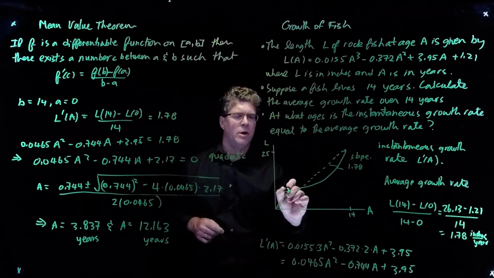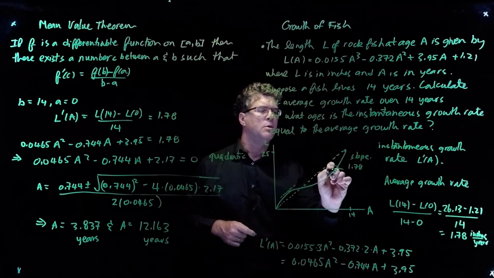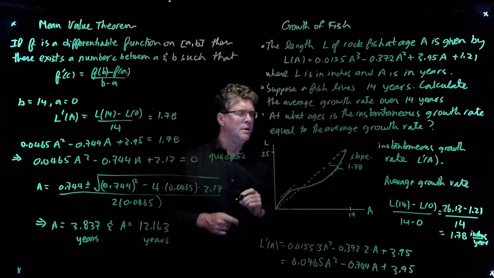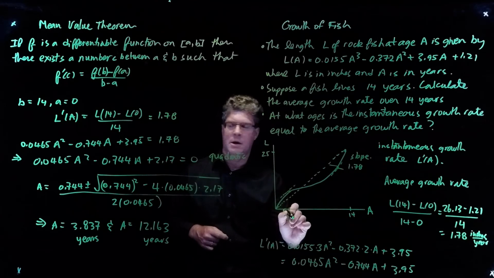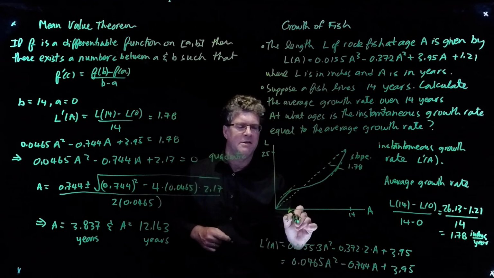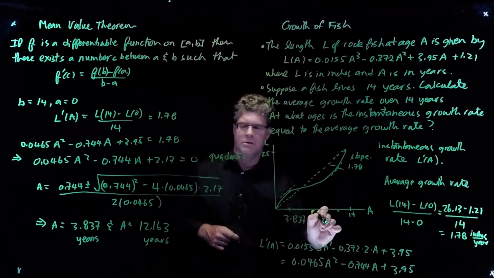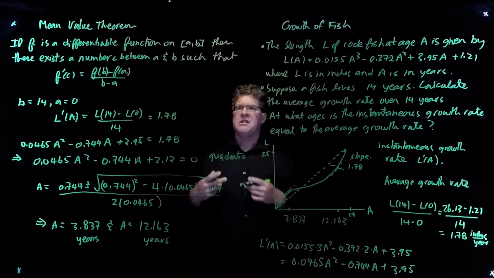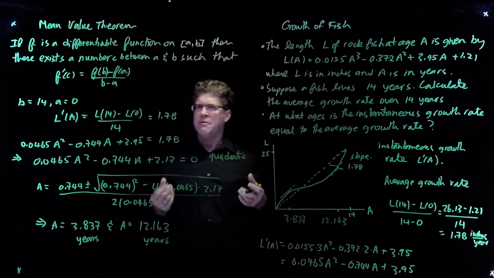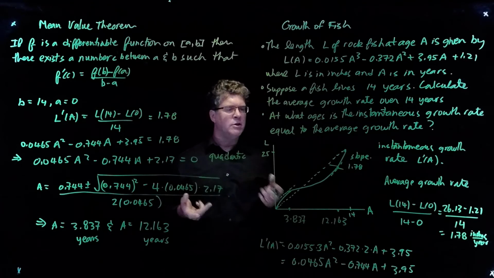We find there's a point about right here where the tangent line is parallel to the other line, and there's also a point about right here. This point is 3.837 and this point is 12.163. So you can see there are two times in the fish's life where the instantaneous growth rate is the same as the average growth rate.